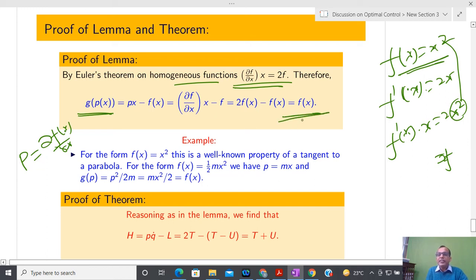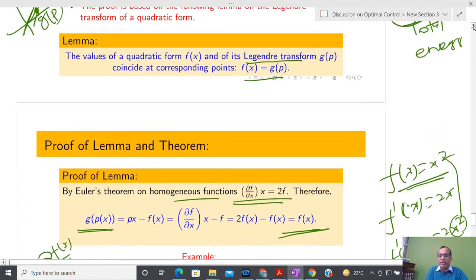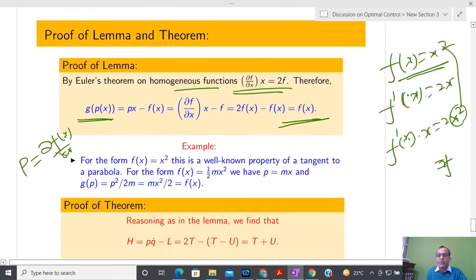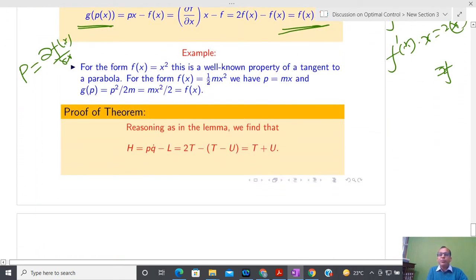In this way I can show that g(p) equals f(x). Whatever this theorem or lemma is suggesting, this result I am going to use in the further proof. Now suppose I have this kind of function, f(x) equals x square.